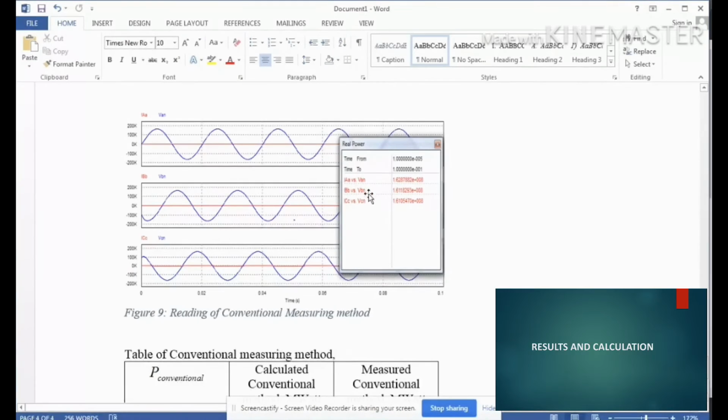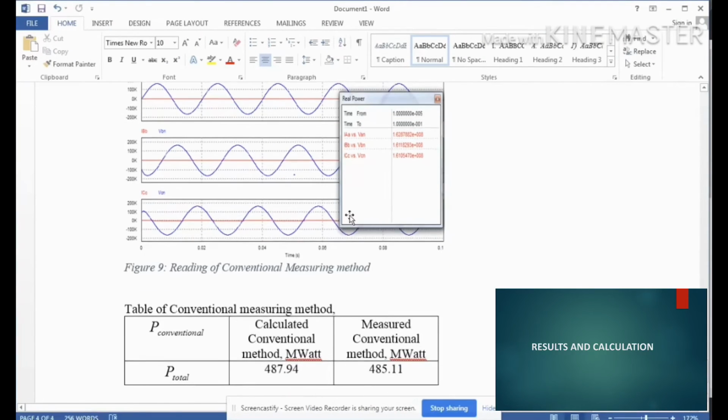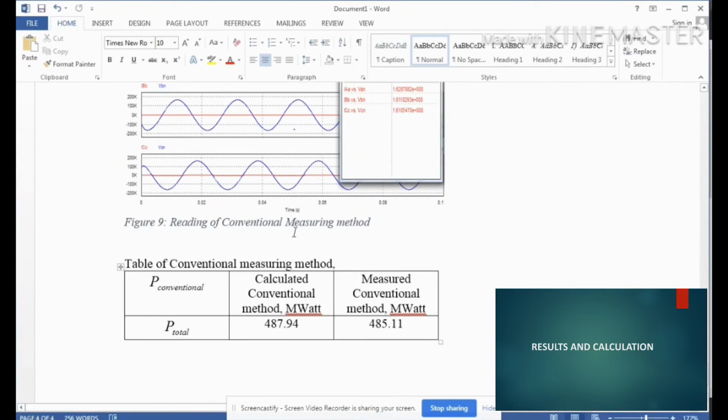As you can see here, the value that we got from P1 is 162.87 megawatt, for P2 is 161.18 megawatt, and P3 is 161.05 megawatt. So the total of P, which is equal to the value for the conventional measuring method, is 485.11, which is also slightly different from the calculated value.